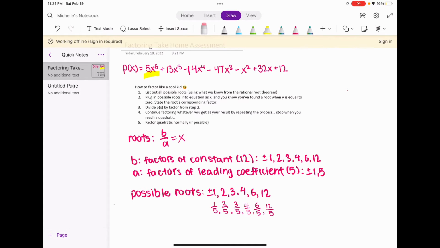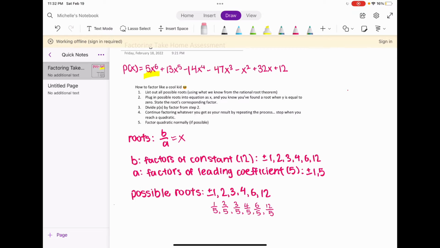In this case, the constant is 12 and the leading coefficient is 5. So I've listed the factors for both of these numbers, and I've also listed out all of the possible roots. There are 24 in total, which might seem like a lot, but if we consider the fact that we started out with an infinite number of possibilities, 24 actually isn't that bad.